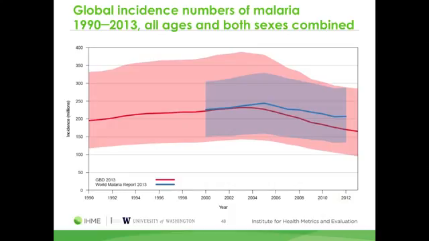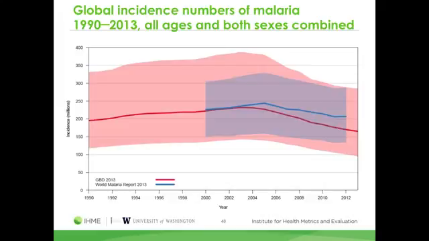Here's our global incidence numbers. Blue is the WHO estimates of incidence, and red is the GBD estimates. Here's a case where, although the modeling strategies are completely different, they are quite similar. I'm not sure that makes both of them right, but it certainly makes it less controversial to explain this to different consumers.